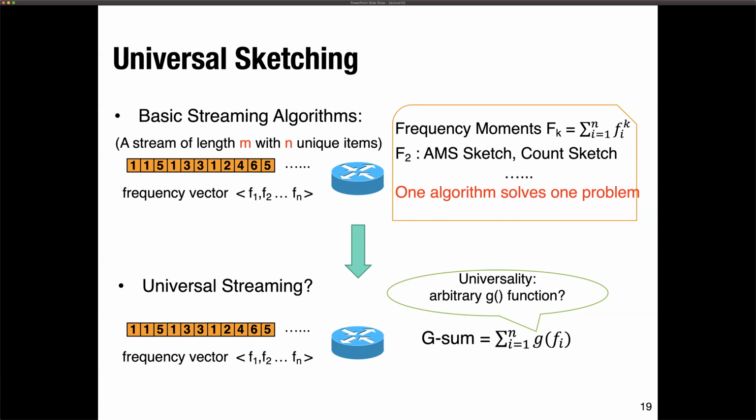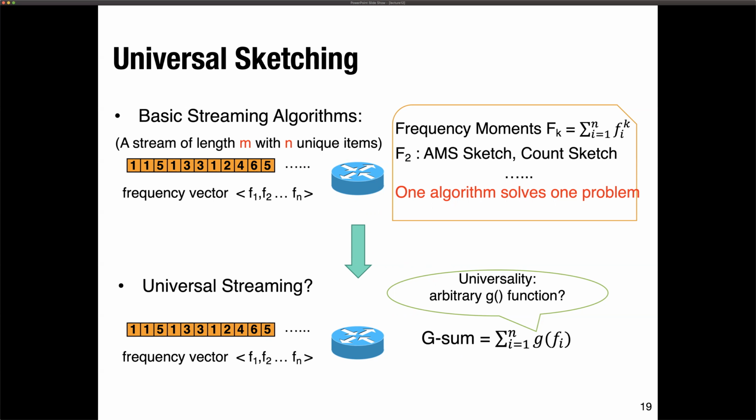In general, the key idea here is that for each problem, you have a different algorithm for sketching, right? And that's what we saw for the OpenSketch paper as well, that for different types of group-by operators, you have to either use Count-Min sketch, sometimes you have to use FM sketch, sometimes you have to use Bloom filter, etc. But what if you can apply just one sketching function?